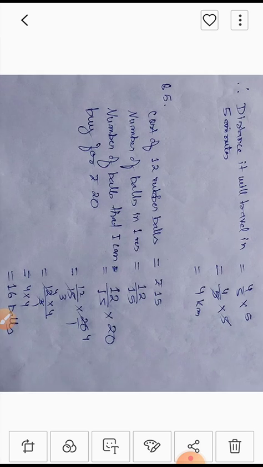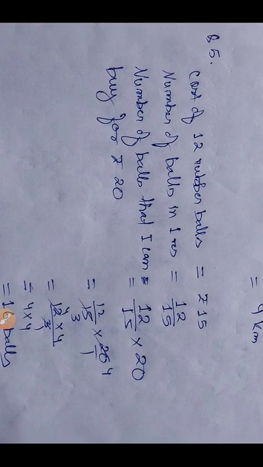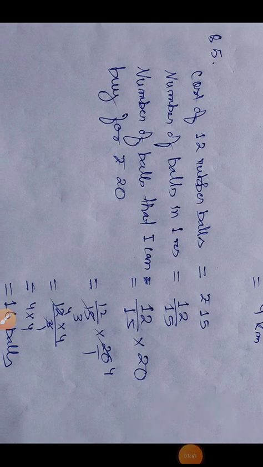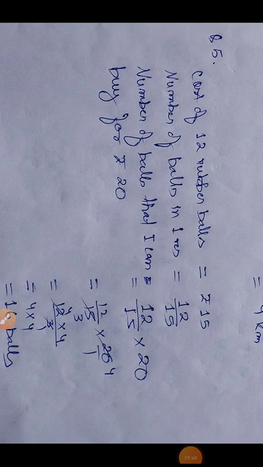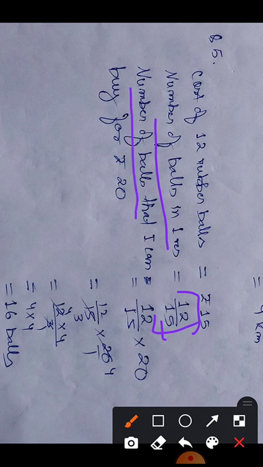See, I have written cost of 12 rubber balls is rupees 15. Then after writing that, number of balls in 1 rupee, that means in 1 rupee how many balls you can buy, is 12 divided by 15. Then number of balls that I can buy for rupees 20 will be 12 by 15 into 20.